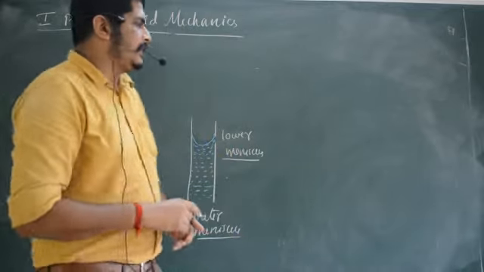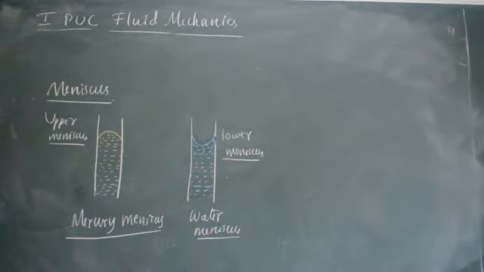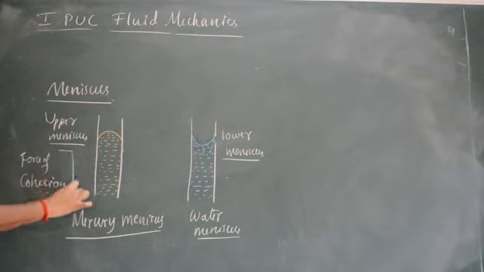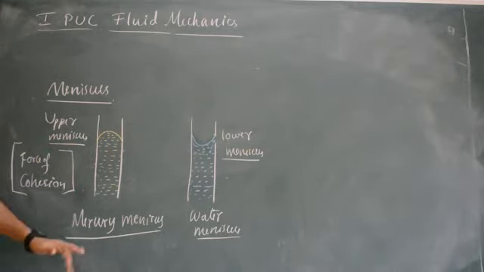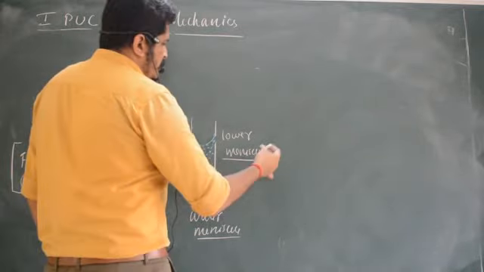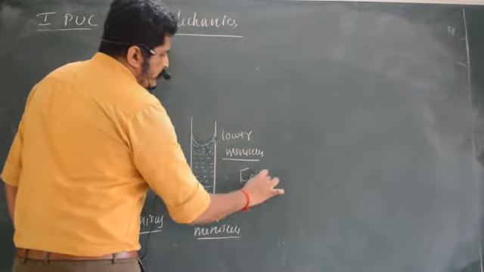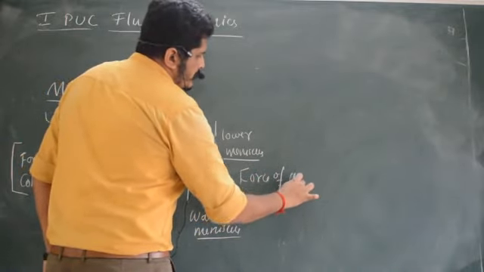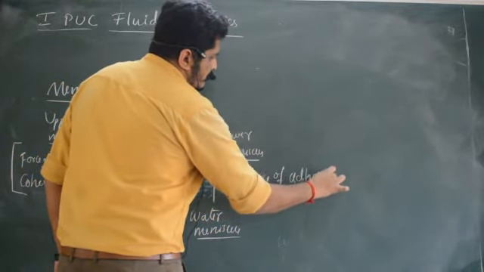So look here, upper meniscus, mercury, why is it happening? Because mercury never wets any surface, okay. This is because of the force of cohesion, or cohesive force. That is why there is an upper meniscus in case of mercury. Lower meniscus, why? Force of adhesion, correct?